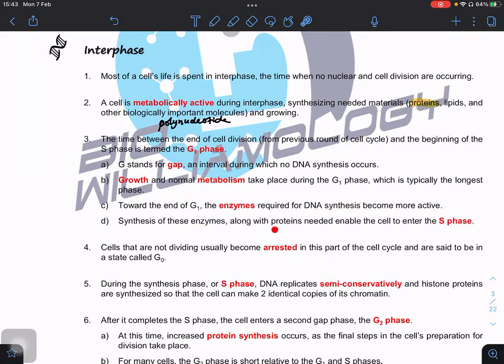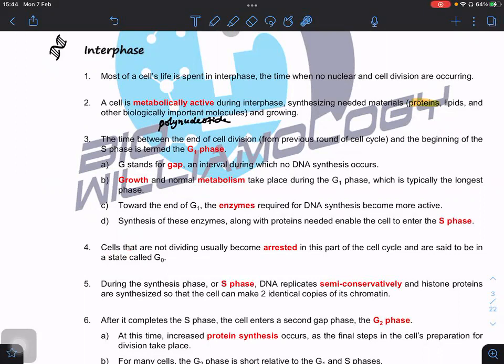Synthesis of these enzymes, along with the proteins needed, enables the cell to enter the S phase. So during the first gap, the cell prepares for DNA replication, with a lot of protein synthesis, getting everything ready.